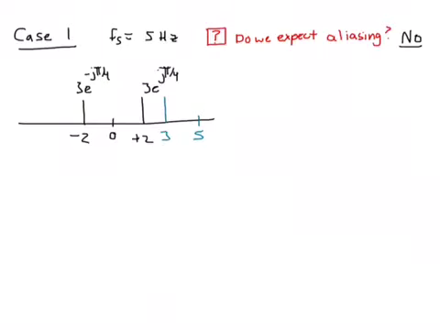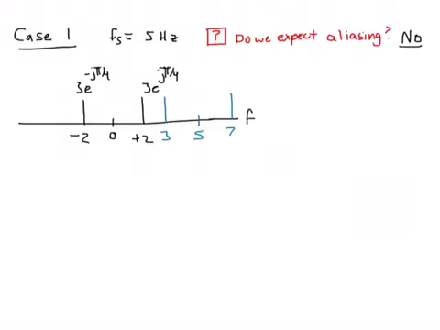Now I'm going to have to erase here and lengthen my axis a little bit so I can get it all on here. Okay, so 2 to the right of 5 is 7. And remember, this is the f-axis, the frequency axis.